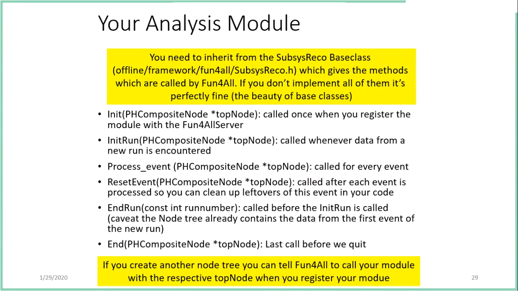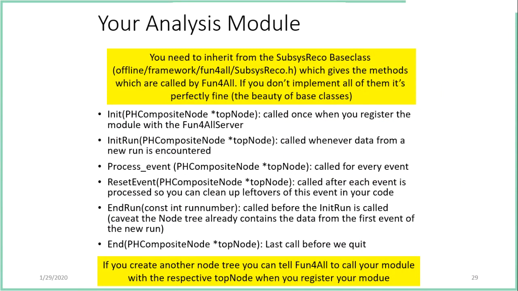Reset event, in case you have internal things you want to reset after an event is processed, so you get called there. End run is called when a run has ended. And the argument is the run number, just in case you have something you need to do then. And then we have an end method, which basically gets called before we quit. So this is the place where you save your histograms and do stuff, before you go away.